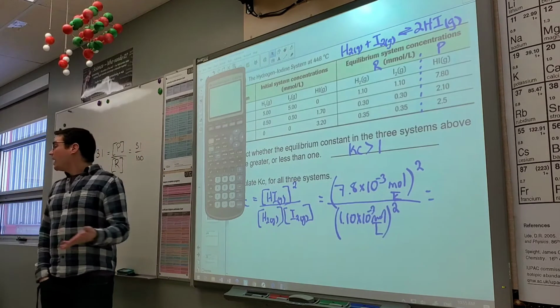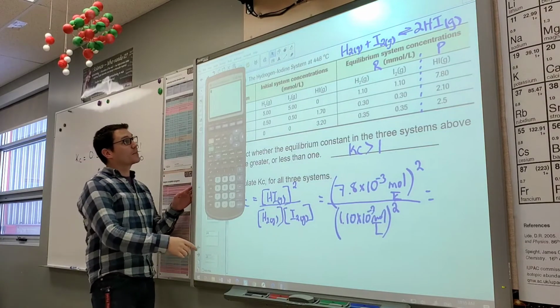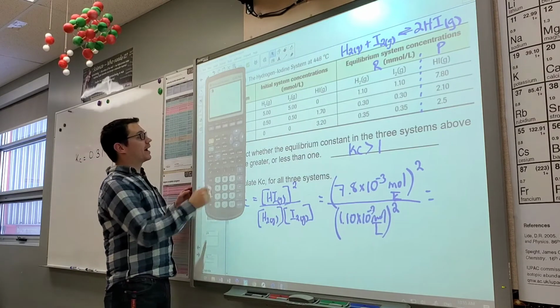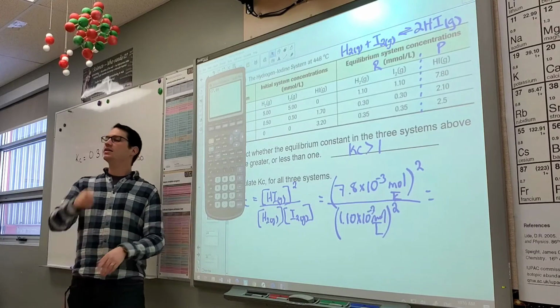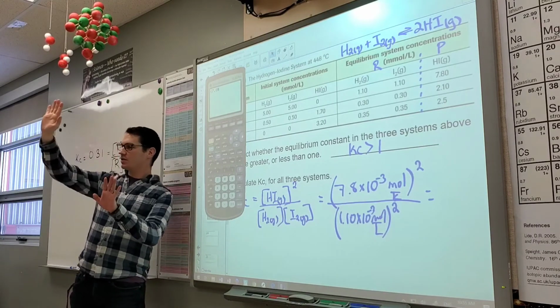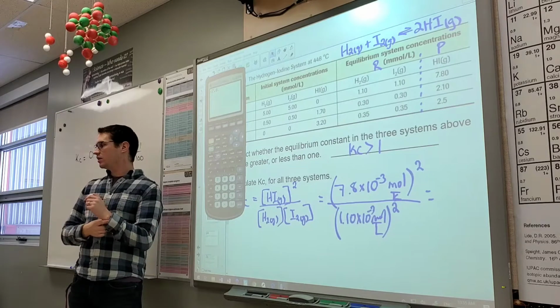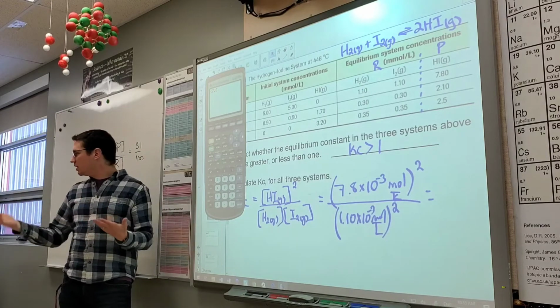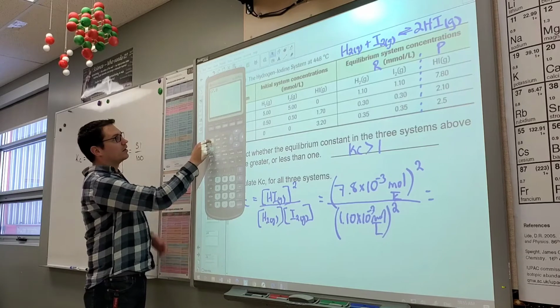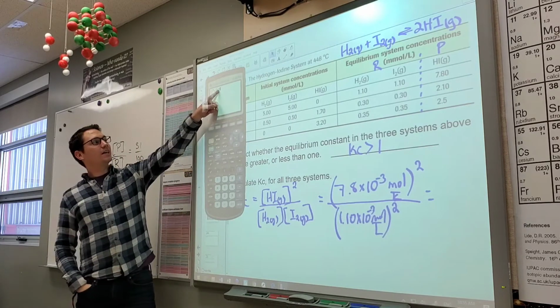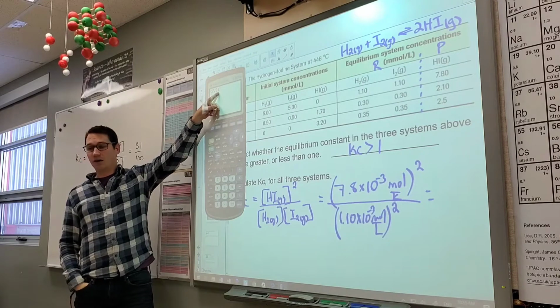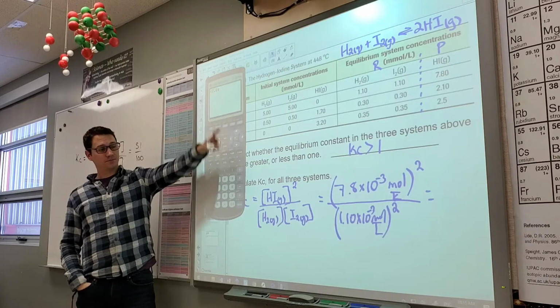Okay, so the way I would do this is I would go bracket 7.8. Instead of writing times 10 raised to the power of, what should I write? The EE button, second, comma, so that's E. That E means times 10 to the power of, and what's our exponent here?